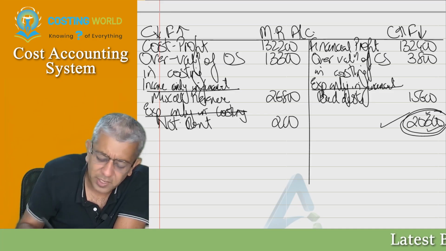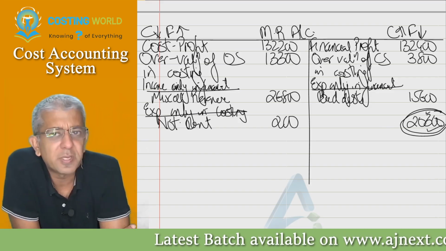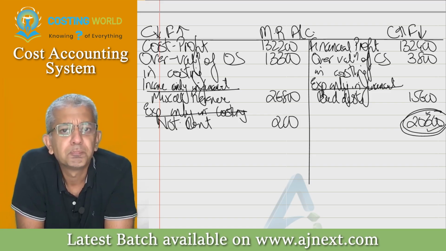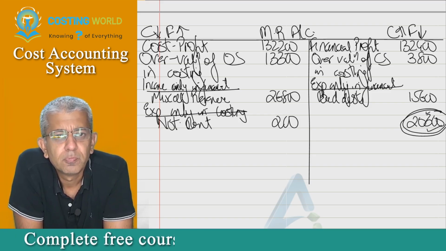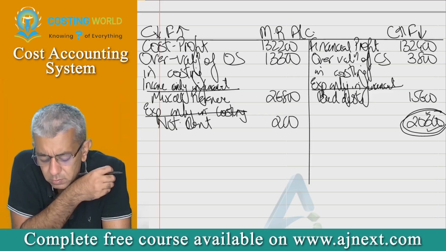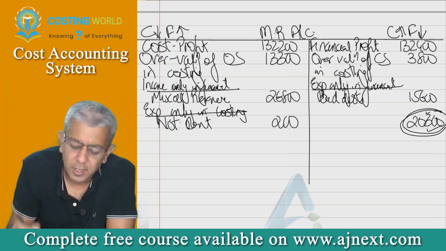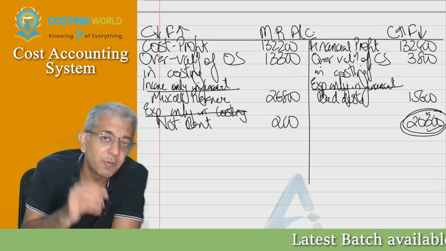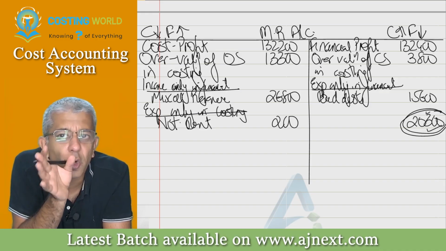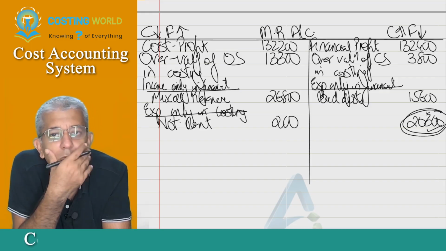If there is a difference on the credit side, does it represent net under absorption or net over absorption? Under absorption. Over here, costing's profit is higher.